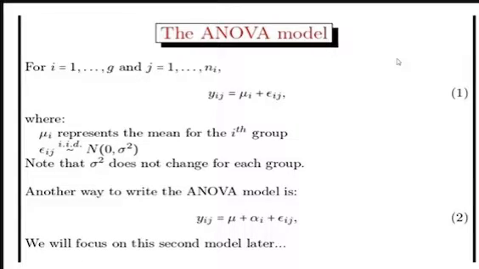So we can say ANOVA means partitioning or splitting of the total sources of variations into various components.